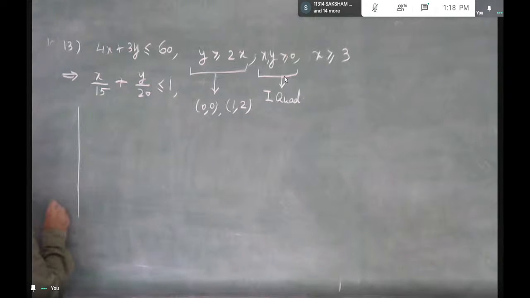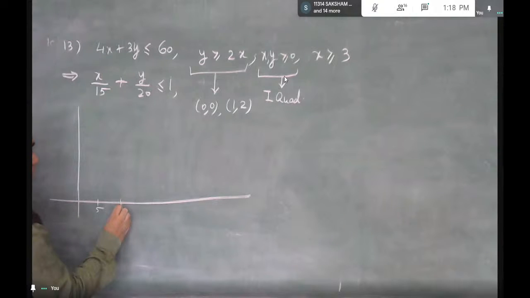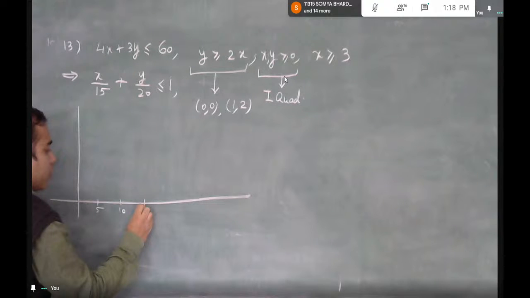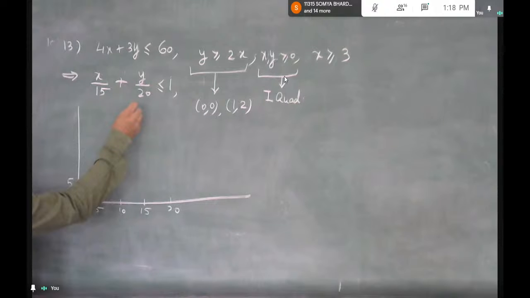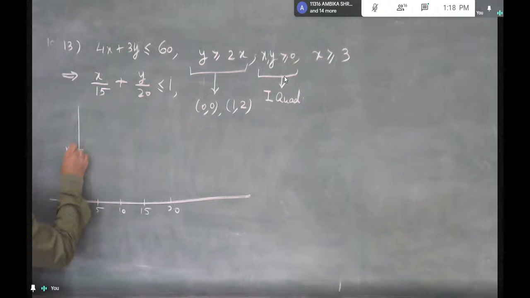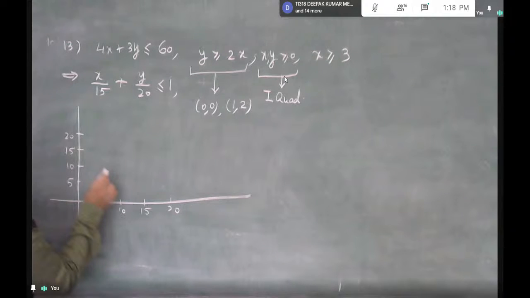This is 5, 10, 15, 20, and on y axis also it will go up to 20. 5, 10, 15, 20, 15 on x axis, 20 on y axis.